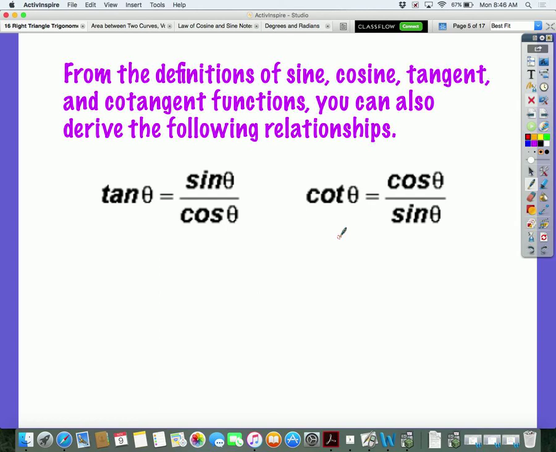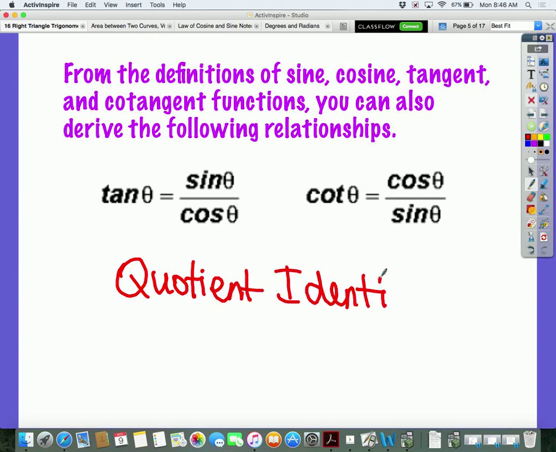So these are basically just another way to represent tangent and cotangent. The reason why I'm going over these is because later on in this unit, you're actually going to use these. These are what's known as your quotient identities. So you will see these again.